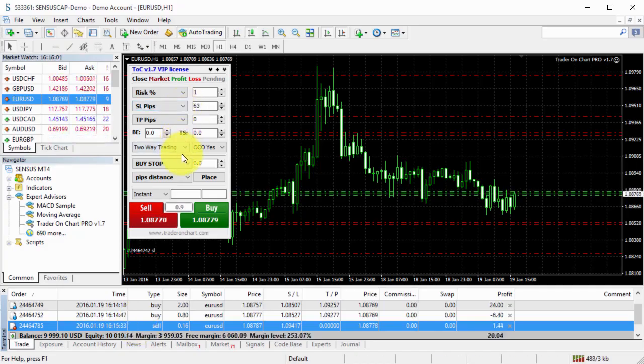The next important thing to know is that this trader on chart has 2 modes of trading. By default, it is set to use 2-way trading, but you can also choose 1-way trading. What this will do is close all the trades of the opposite position before opening the new one.